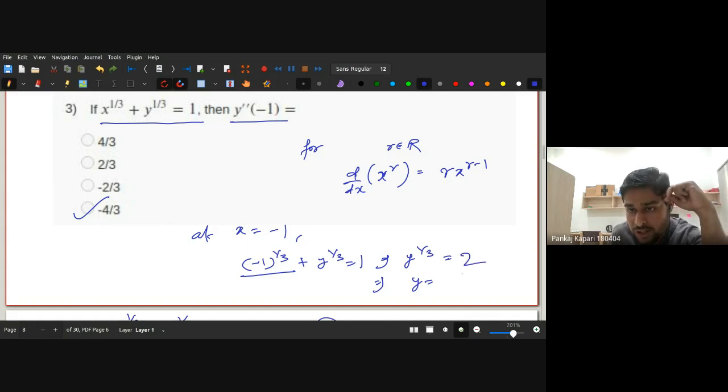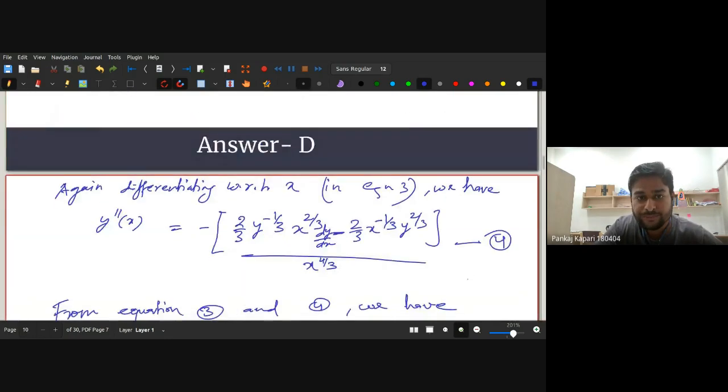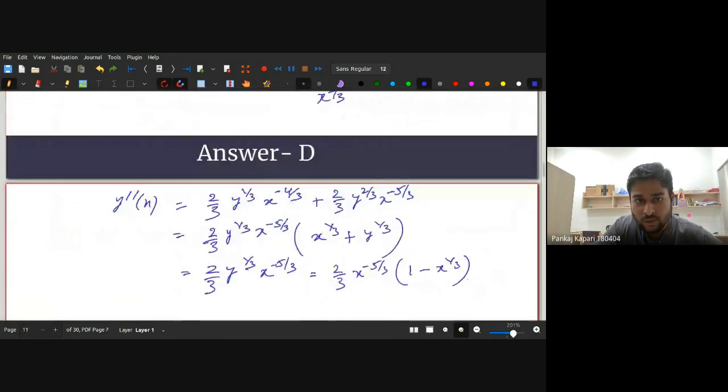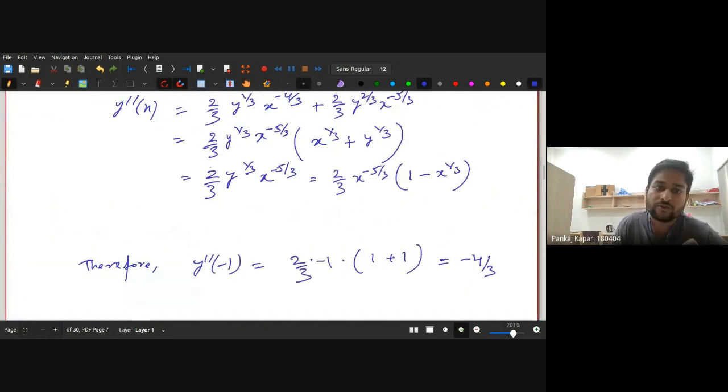And now y is equal to 2 cube, which is 8. Okay, that's why we were having some problem. So y 1/3 is still equal to 2. So you can directly find the value from here also, that it is just minus 4 over 3. Okay.